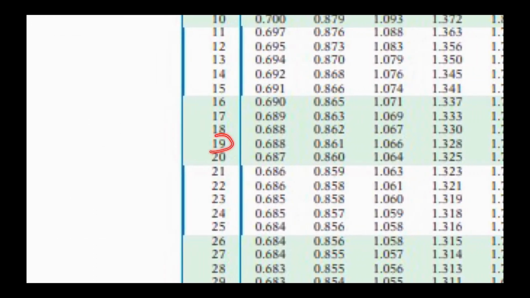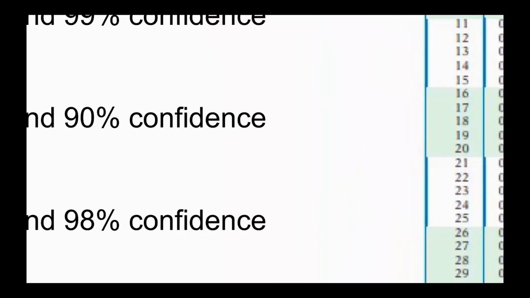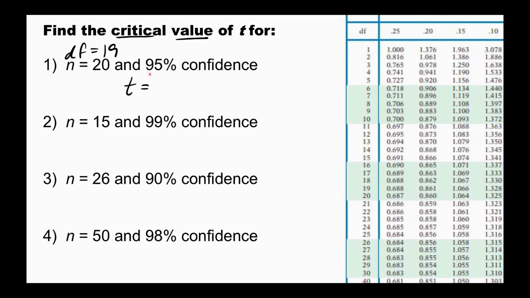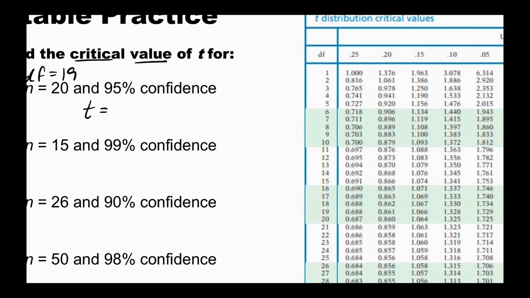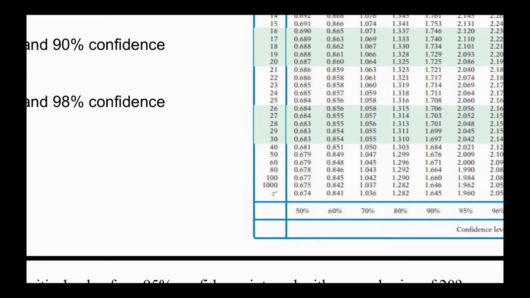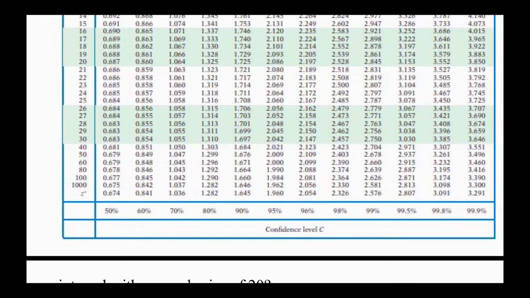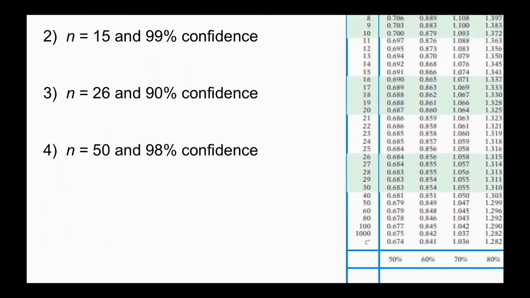Next thing, what percent is my confidence interval? 95. If you look at the bottom, you have confidence levels there. Match them up. Where does 19 match up with 95? 2.093. Yep. Guess what? That is my T critical.